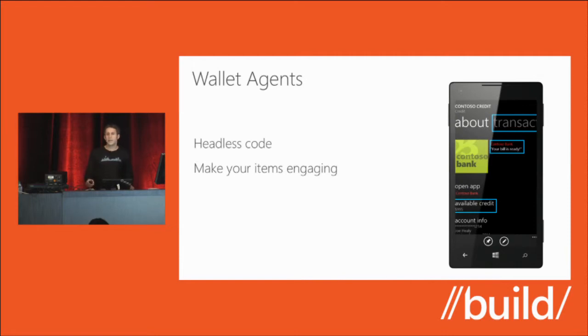The way we light that up is through wallet agents. Those are headless pieces of code that are part of your app. When the user goes and looks at their item, so when I open my Contoso credit item in this example, we're going to call into your app, and we're going to say, hey, app, you can update your item now.